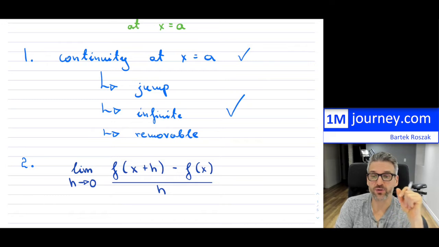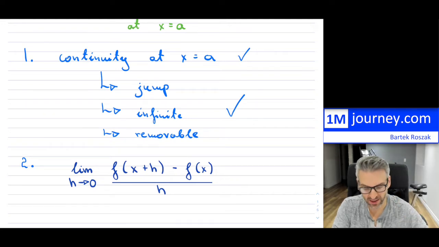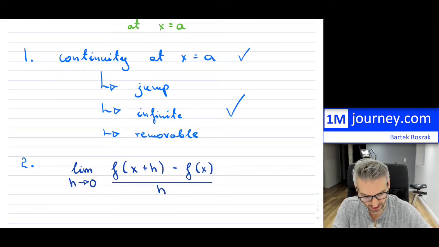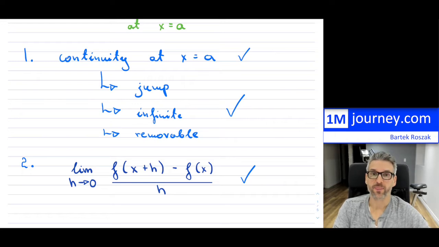So now I want to give you a few instances. When would it not exist? We said it has to be continuous, but what if it is continuous? Can it happen that this limit right here would not hold? And yes, it can happen.